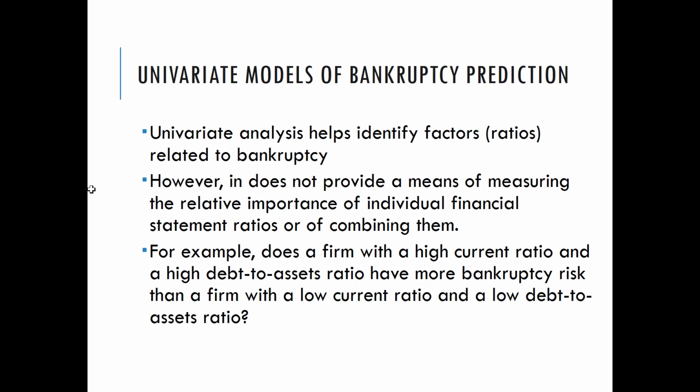Because sometimes you might have a firm with low profitability, so it looks bad from a single ratio perspective, but they might have high solvency, so they don't actually have a lot of debt. So we need to not only account for them individually, but also consider how the combination of them works together.